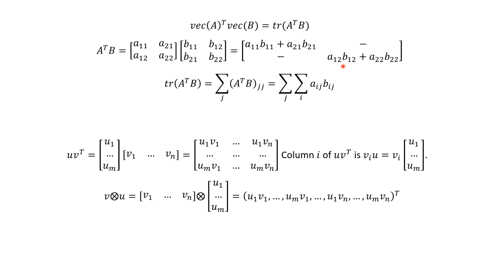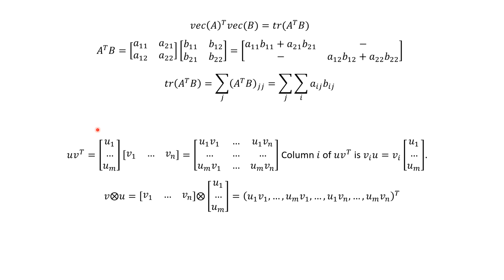You notice we get all combinations of elements from A and B with the same indices multiplied together and then added, which is this. Okay, if this doesn't convince you, you may want to try 3 by 3 matrices and just work through the details, and you'll see that the trace of A transpose B gives you all the possible products of elements from A and B that have the same indices, and then adds them together.